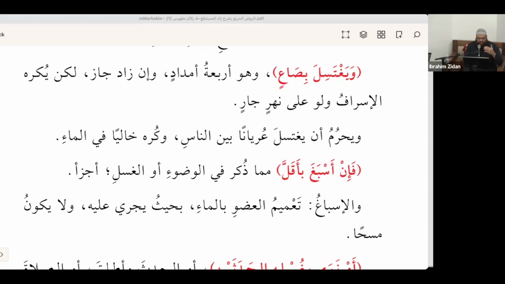But if it's in a bathroom, in a building, then it's okay, of course, as long as it's not among the people. The makruh here is khaliyan fil ma'. So fil ma' here is not in the bathroom. It's outside, but in the water outside. That's makruh only. And because it's closer to, someone might see or like this.